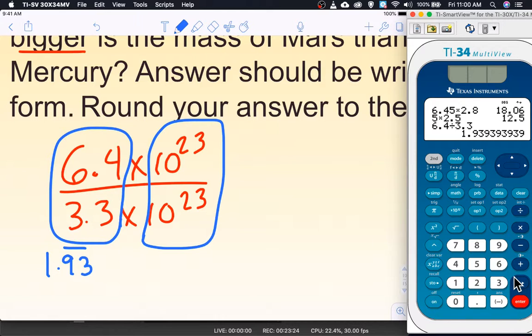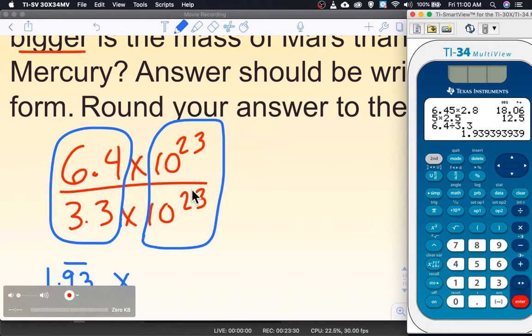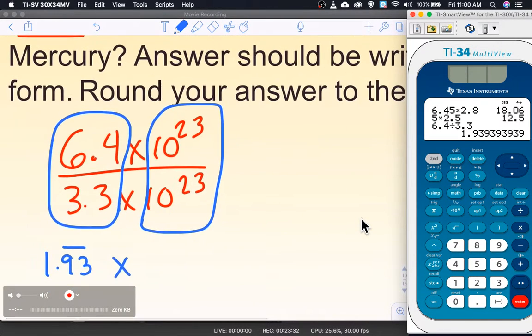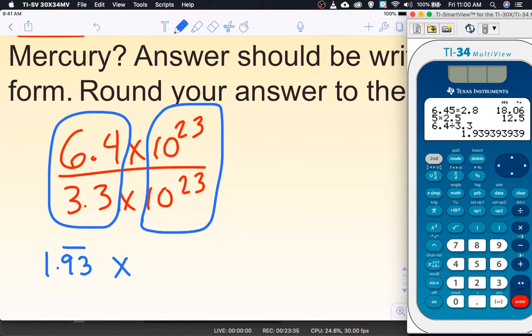All right. Times 10 to the... when you multiply or when you divide powers of 10, you do your subtraction or your canceling. Top minus bottom gives us 10 to the power of 0.